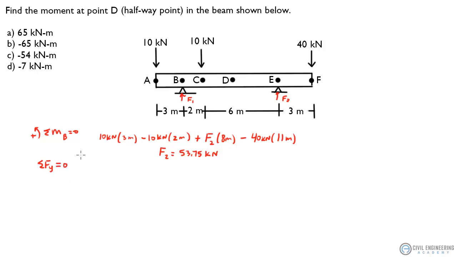Next thing I'm going to do is take the sum of the forces in the y direction, set that equal to 0, because what I want to find now is what F1 is. So we've got a minus 10 kilonewtons. I'm not going to write in the units just for the sake of speeding this up.